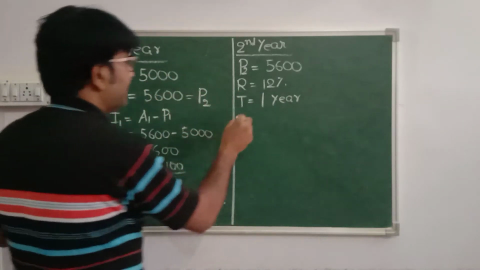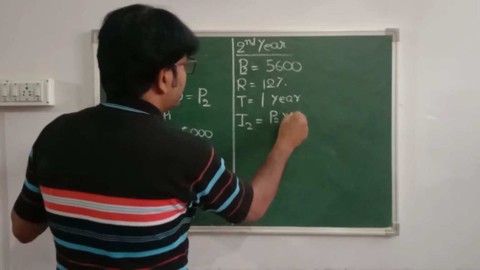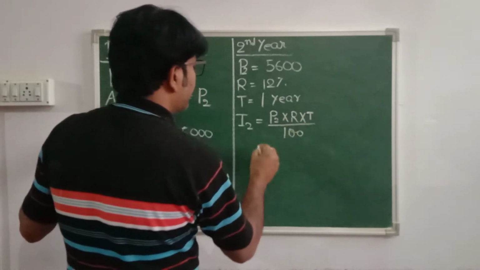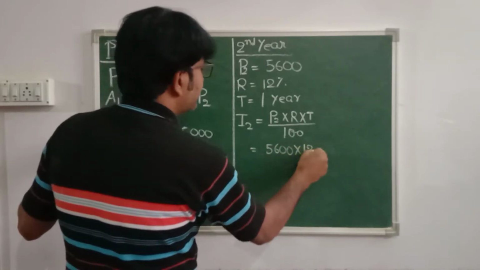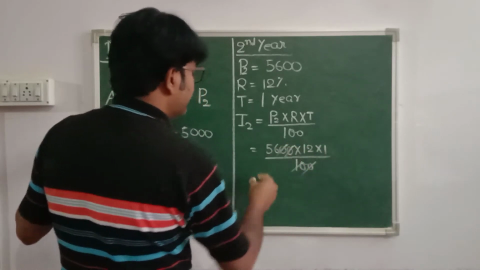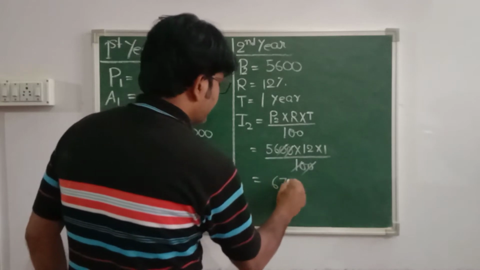Now let's calculate the interest for the second year, that is I2. I2 equals P2 into R into T divided by 100. So this is 5,600 into rate 12, time 1, and this is 100. So if you cancel this, 56 into 12 comes to 672.